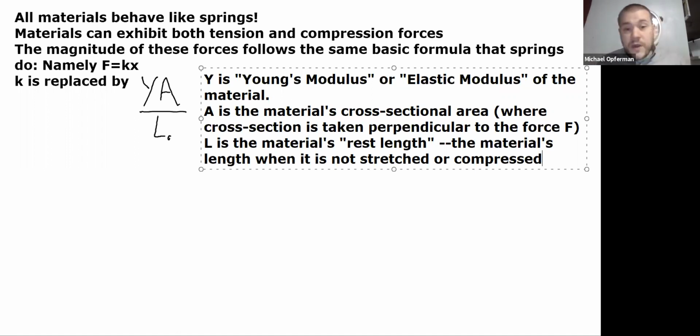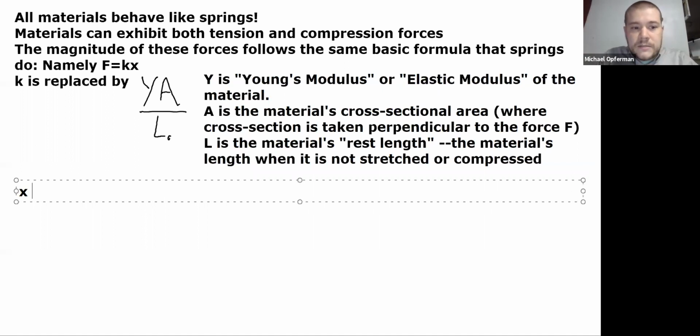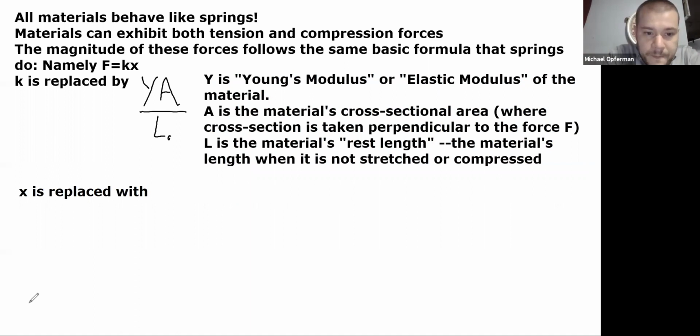Okay, so anyways, that expression plays the role of the spring constant. And then normally in this business, instead of X, we usually replace it with delta L, which the meaning of that is pretty obvious.